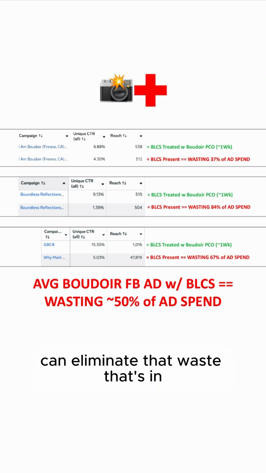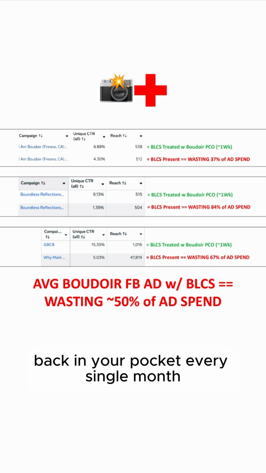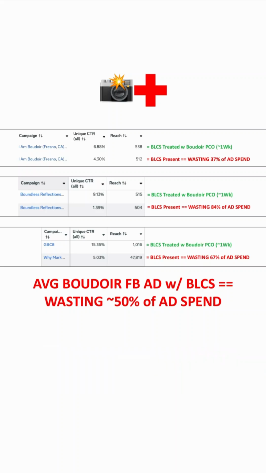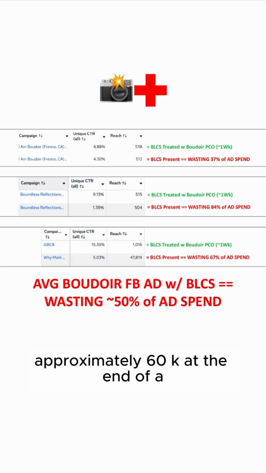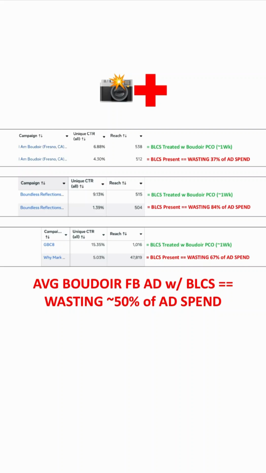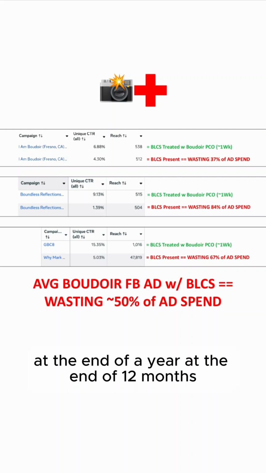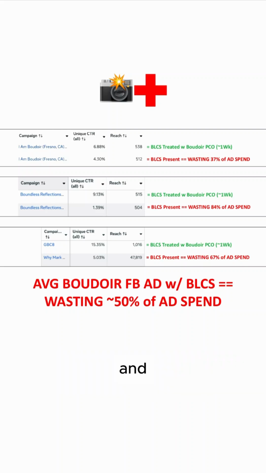You can eliminate that wasted ad spend, back in your pocket every single month, and that'd be approximately 60K at the end of a year, at the end of 12 months.